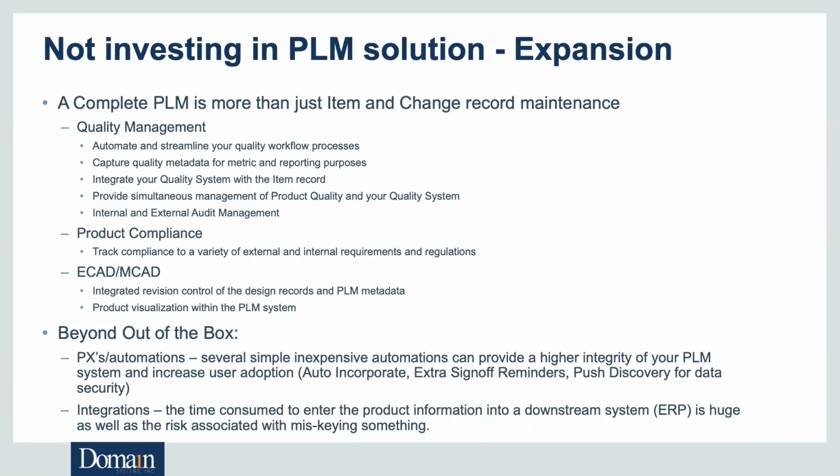Beyond out of the box, you've got some automations, right? A simple one that I don't understand why everybody doesn't have is what they call auto incorporating or auto locking any attachments and any content after the change is released, right?